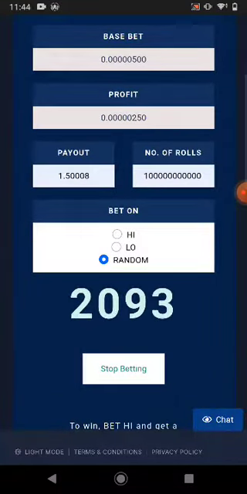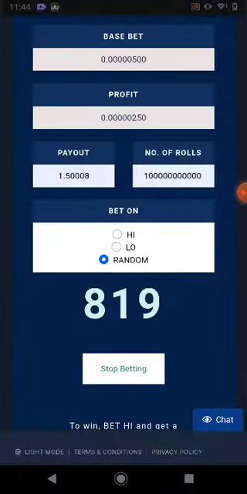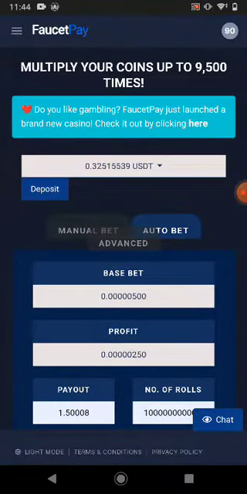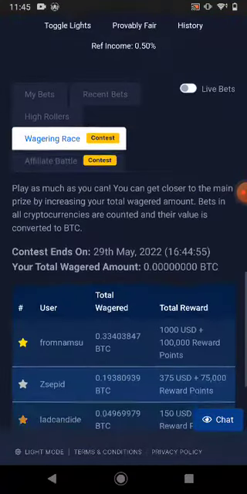Every trick has its own risk, but my clock is 11:44 right now, 11:44 a.m. in Iran time. I don't know what the time is in other places. And at this time FaucetPay pays me a much larger amount, more winning times, okay.